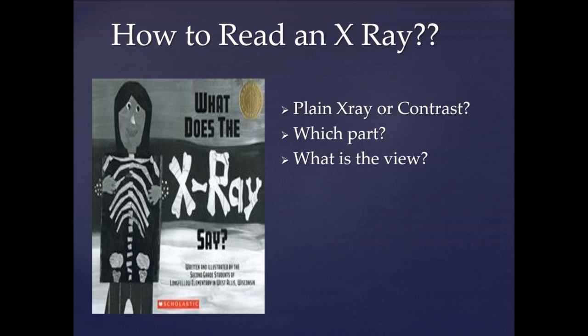Which view you are seeing: AP view, lateral view, PA view, like that you should read the view of the X-ray. So first plain or contrast X-ray, which part of the body and which view. And then findings in the X-ray: whether it is a normal X-ray or there is any abnormality, then provisional diagnosis. So like this you have to read the X-ray.